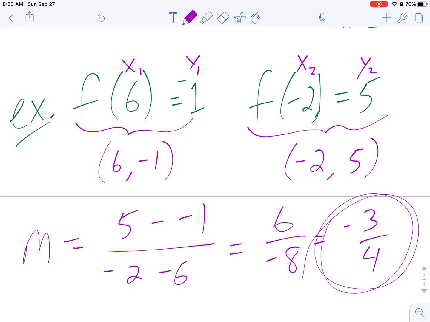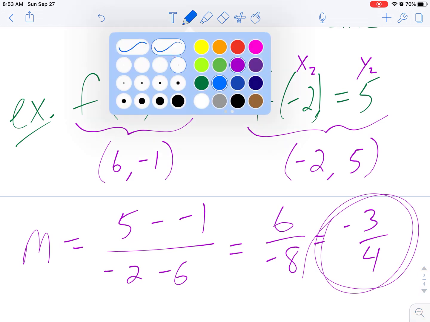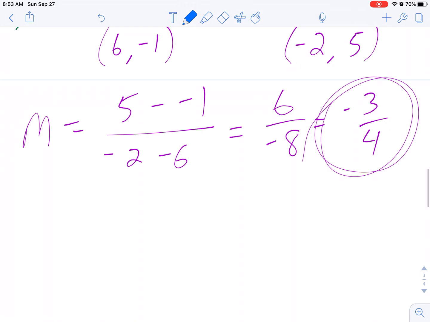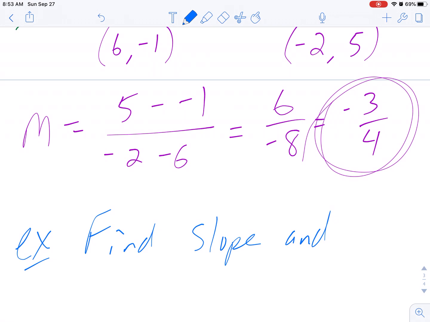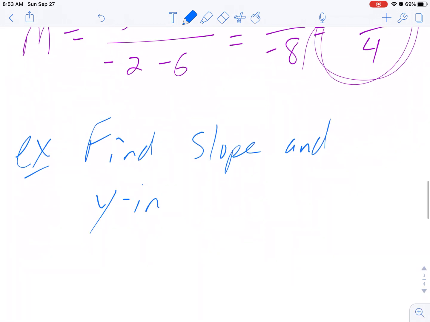Now, there's 2 more types of problems in this section. Another type would be if they give you an equation, find the slope and y-intercept of this line. Let's say 2x plus 4y equals 8.